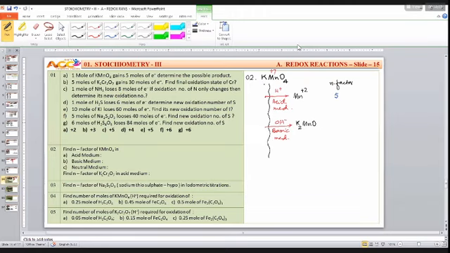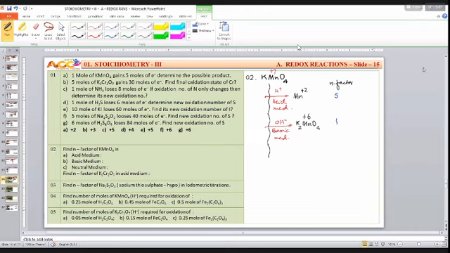KMnO4 is potassium permanganate. K2MnO4 is potassium manganate. Here the oxidation state of manganese is +6. Therefore, change in oxidation state is 1. That means in case of a basic medium, the N factor of KMnO4 is 1.